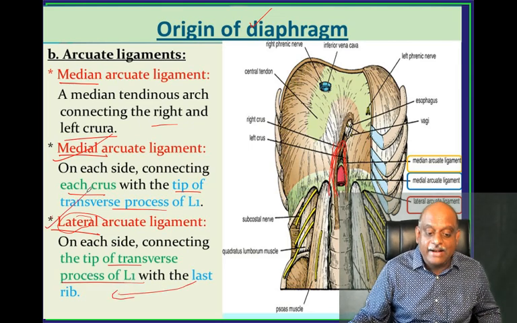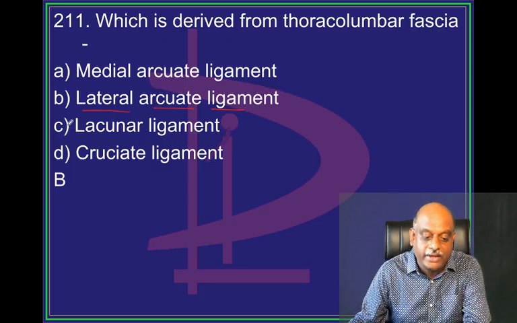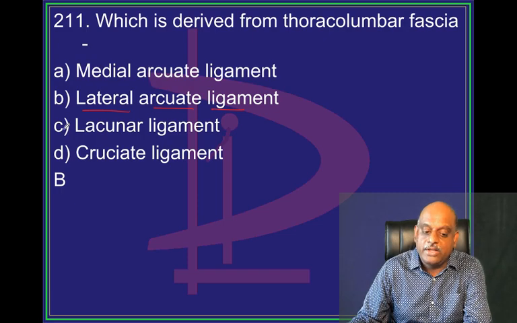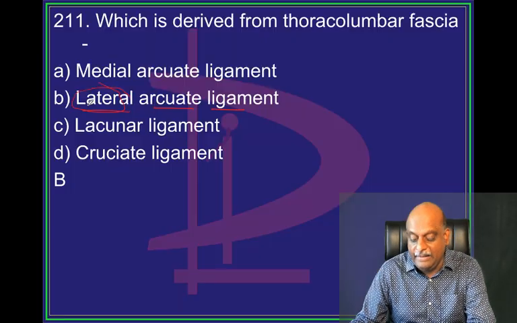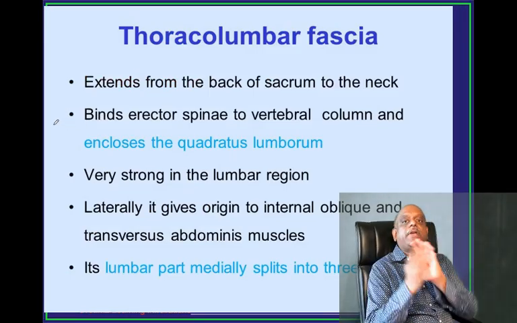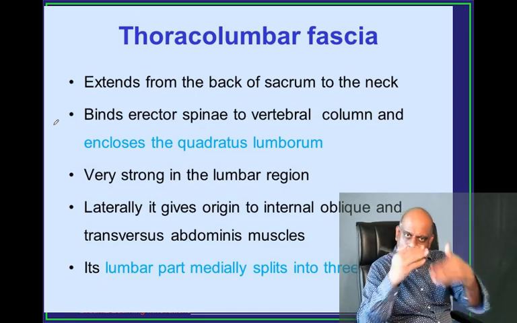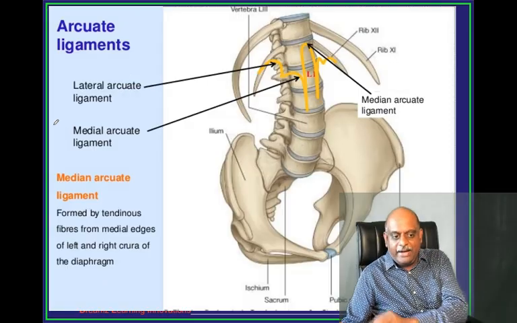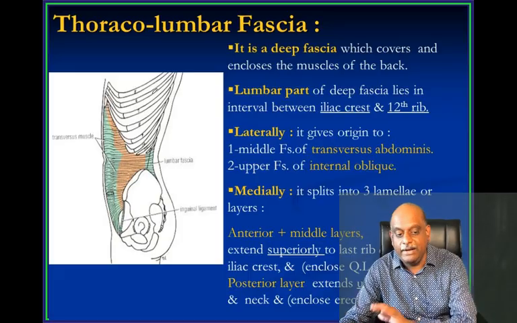So it is not the medial arcuate ligament, it is the lateral arcuate ligament which is derived from the thoracolumbar fascia. Thoracolumbar fascia is that fascia in which all our muscles in the back are nicely packed, right? So that is the story of arcuate ligaments, doctor.